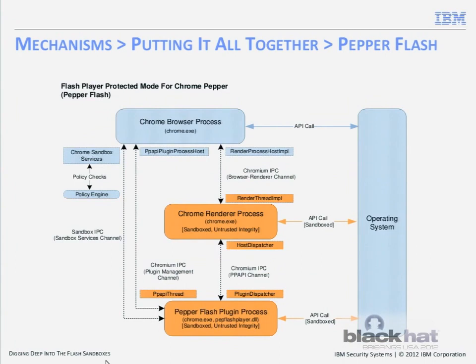Pepper Flash is almost the same as Chrome Flash. One difference is that this connection is used for PPAPI calls. As you can notice, there's no additional broker process, because the PPAPI interface is adequate for Pepper Flash.